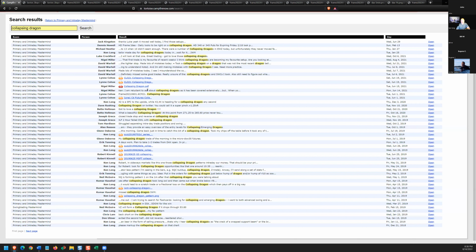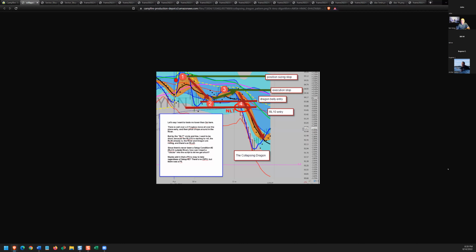And you'll see pictures of the collapsing dragon pattern. All right, so here's the collapsing dragon pattern. Don't make it harder than it is.